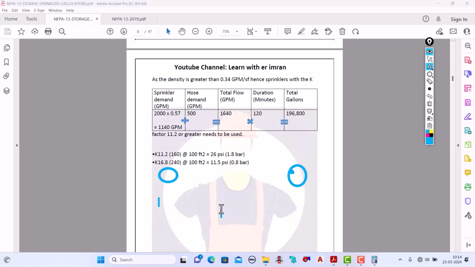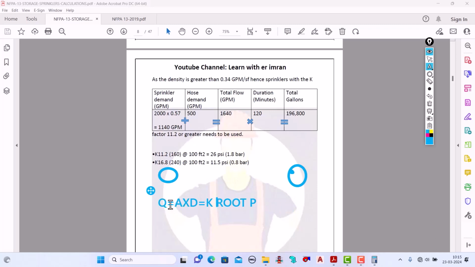The formula is Q is equal to A into D, which is equal to K root P. This is our formula.